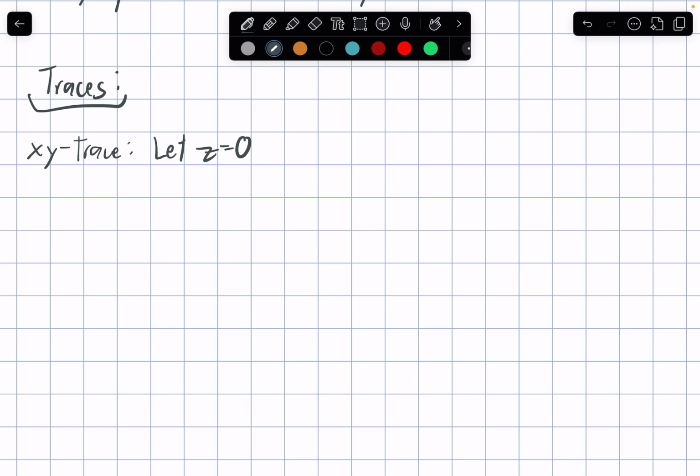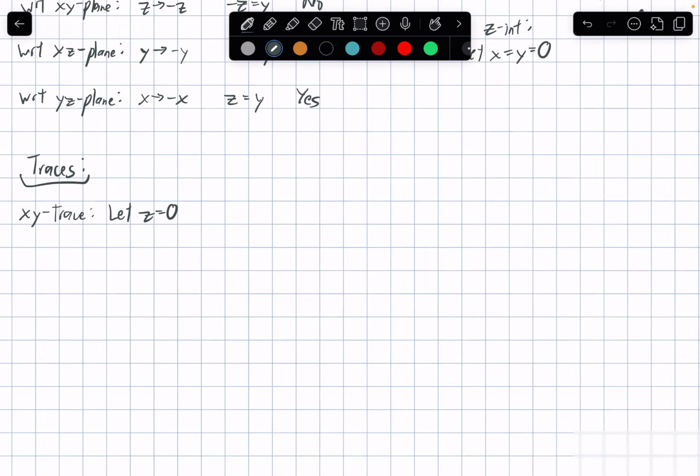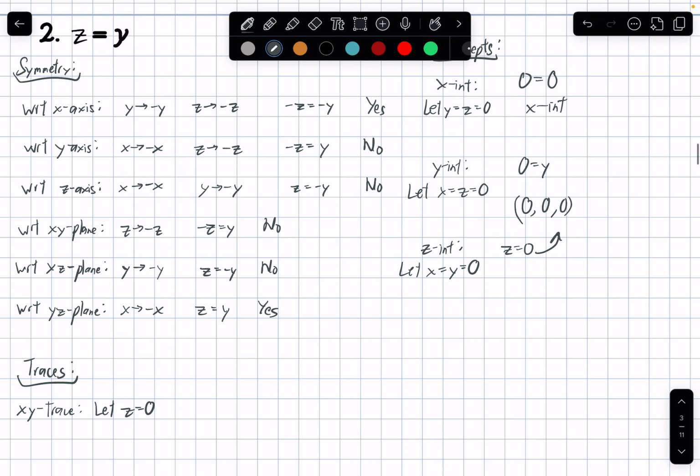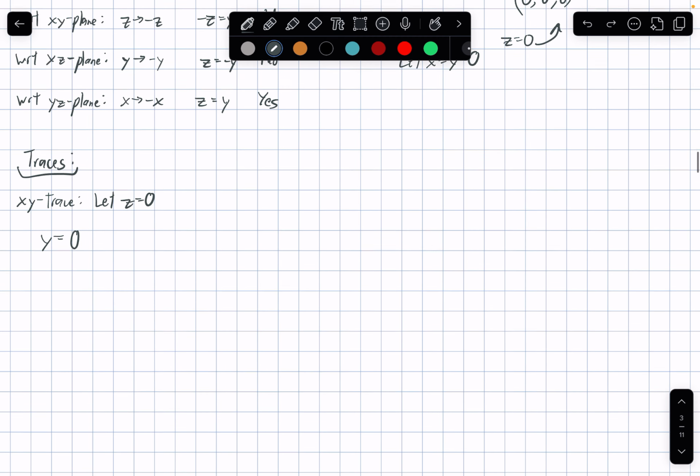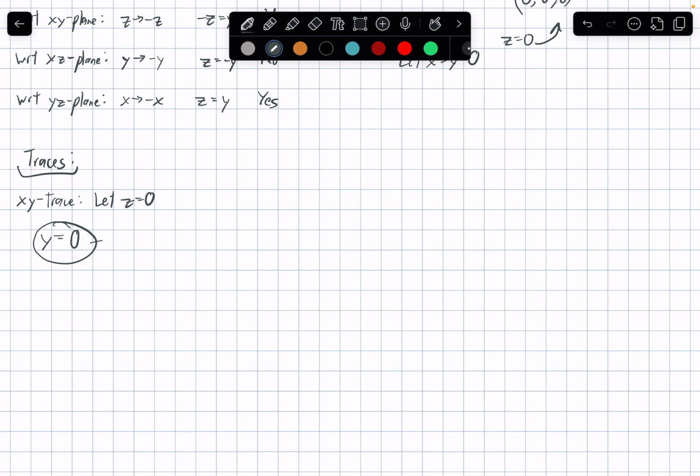And then we have to go back to the original equation, which is z is equal to y, and then equate. So y is going to be equal to 0. So this is going to be 0. That's how I got this.